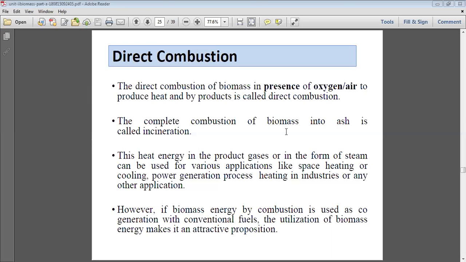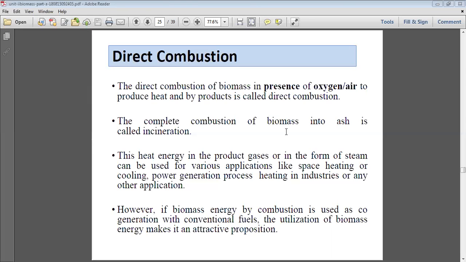There can also be applications like heating of homes and commercial spaces. So the heat from this complete combustion is used either in the form of heat or in the form of steam.